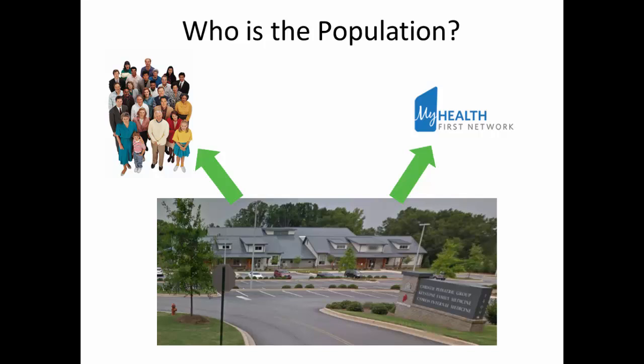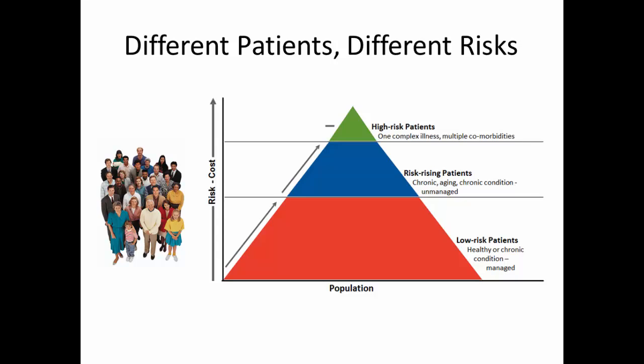And there are different subpopulations. And so the population is all the patients that are part of your physician practice. An example of one is pictured here. But then in an even broader context, because you are coordinating care across a big network in some cases, your population is the entire network.